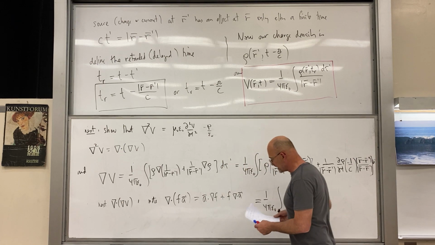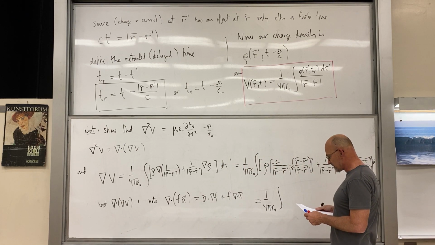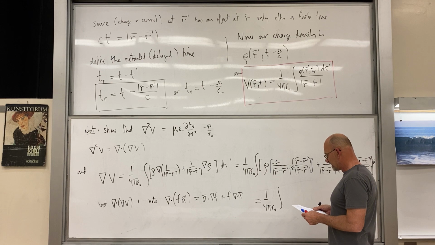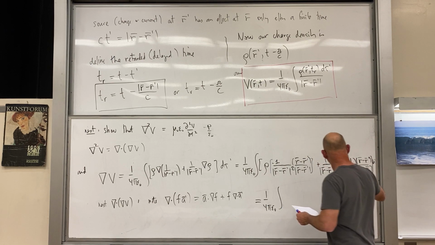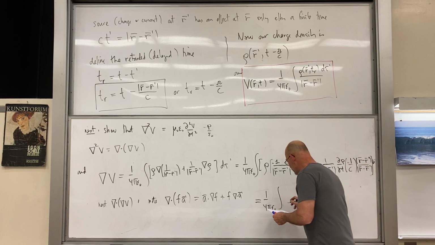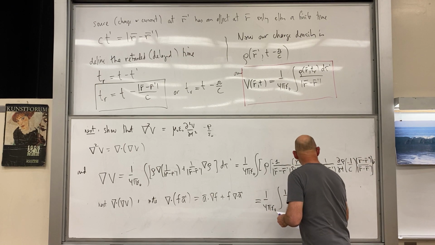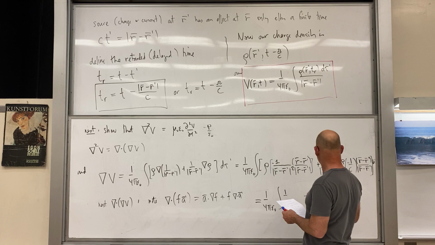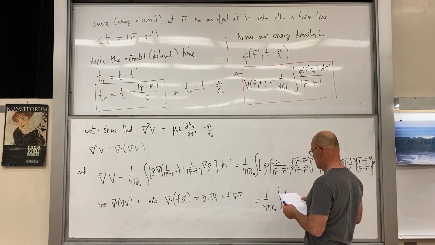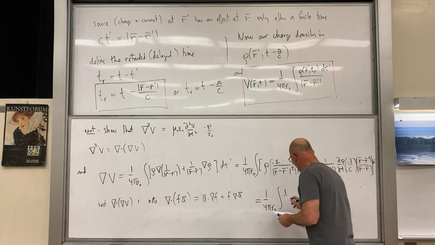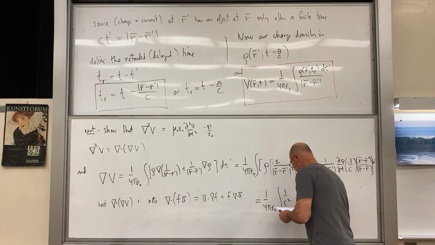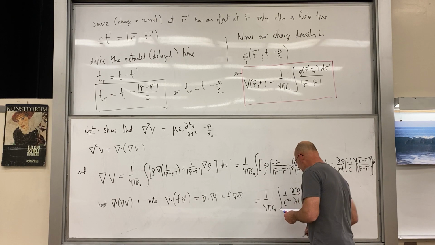Let's see how I've written it. I'm using these cursive R's here, or am I not? So we're going to have I'll do them in this order. So from over here we have a 1 over c squared, we have 1 over c, we get a second one, 1 over c squared d squared rho dt squared.